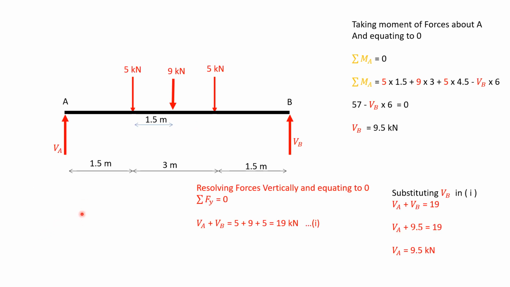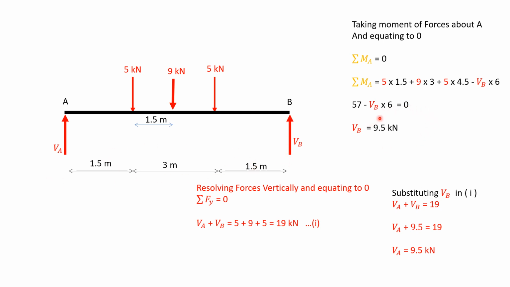So what we have done is we have resolved forces vertically and equated to 0. We got an equation in VA and VB equal to 19 kilonewton, and we have taken moment of forces about point A, that is 5 into 1.5, 9 into 3 meters, 5 into 1.5 plus 3, 5 into 4.5, and VB into 6.